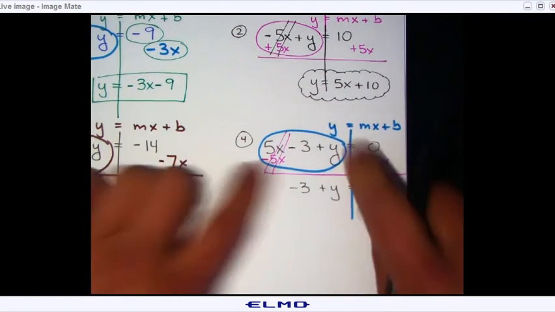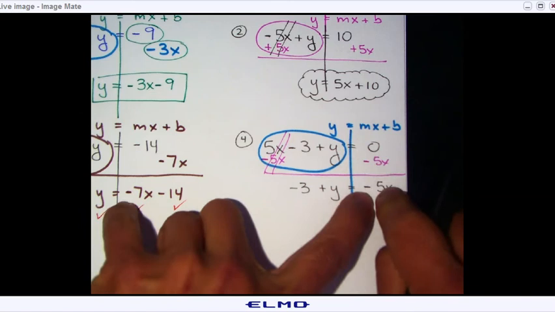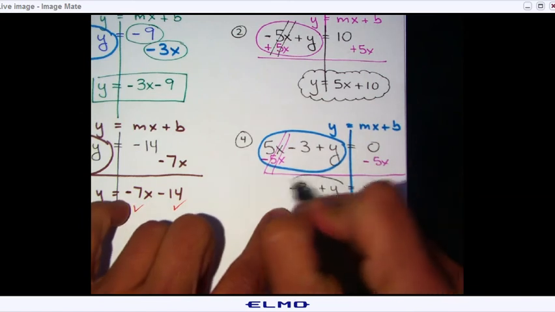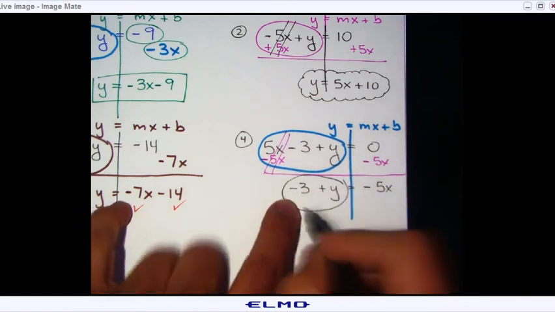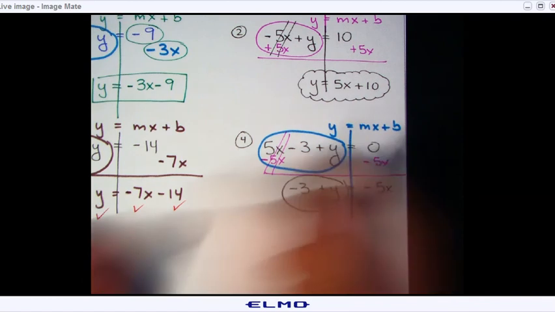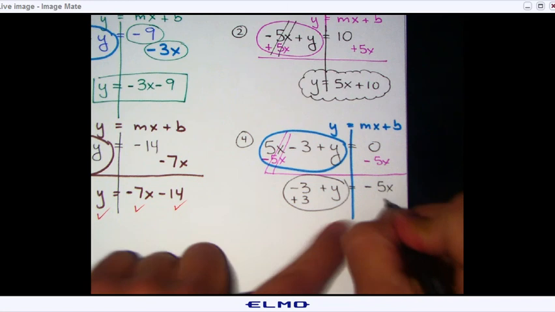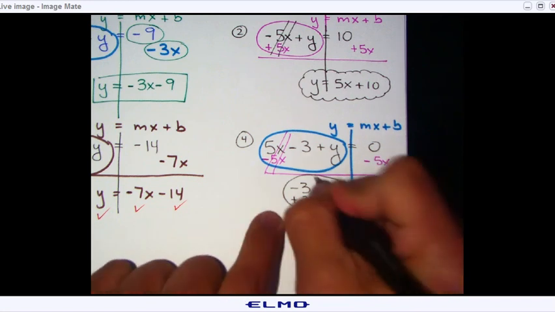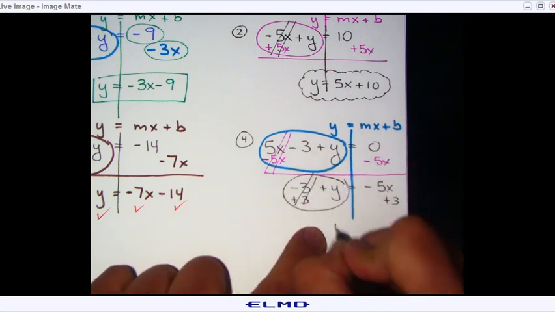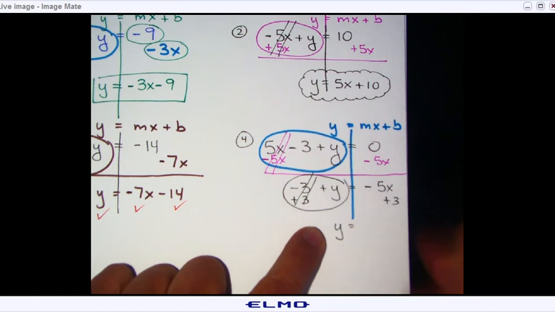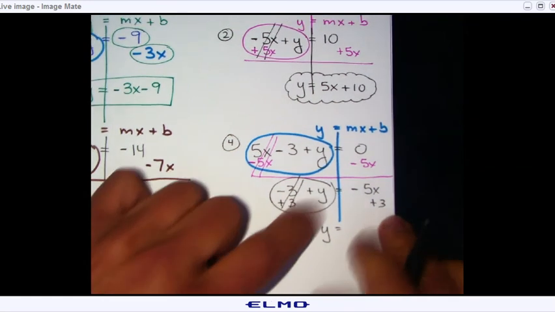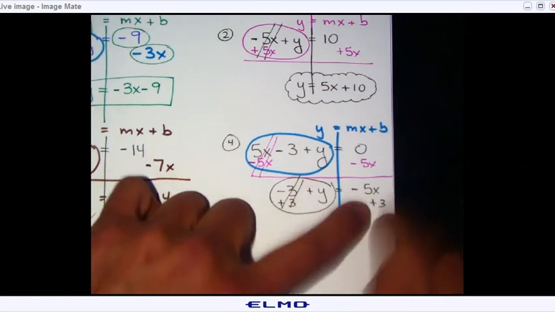But remember, we want y equals mx. Mister, wait, I need to isolate the y. I have negative 3, so I'm going to add 3 to both sides, because that's a 0. And so y is equal to, what goes first, the negative 5x or the 3?